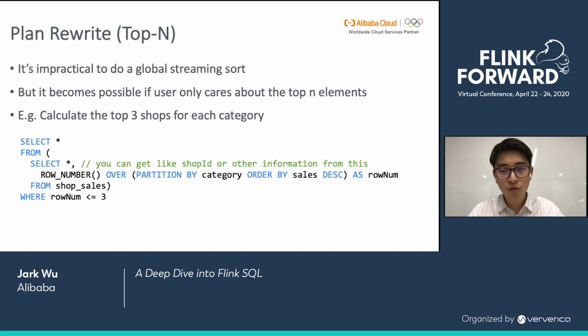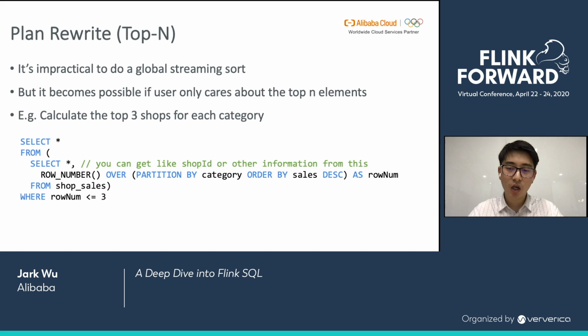However, if users just care about the top N elements, then it will be possible. For example, if users want to calculate the top 3 shops by sales for each category, first of all, you can use such a query with row number and a filter to do the top N. Such a query is also widely used in other systems, for example, Hive and Spark. So there is no new syntax proposed by Flink.